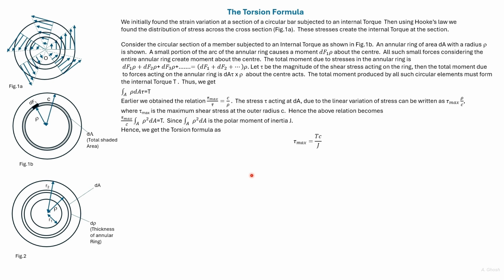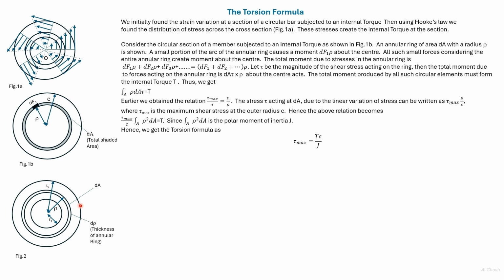Here we find the torsion formula for a circular tube. The inner radius is r1 and the outer radius is r2. Like in the previous case, we consider an annular ring of area dA.